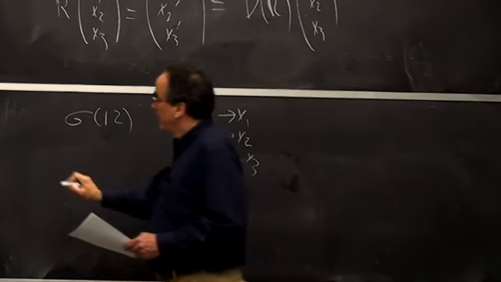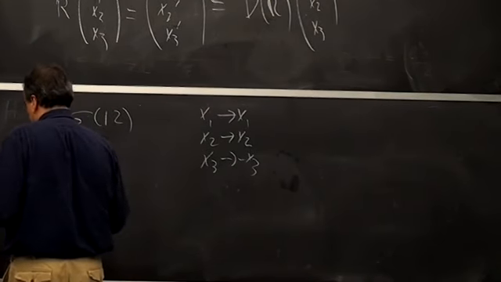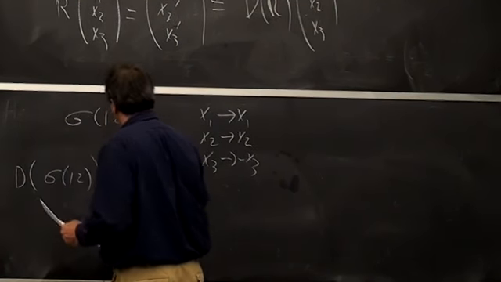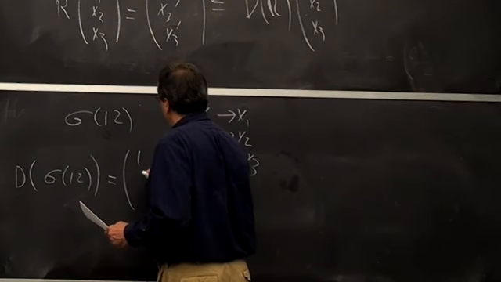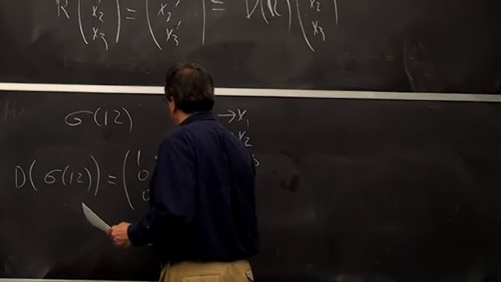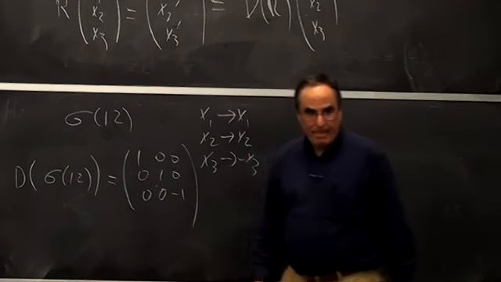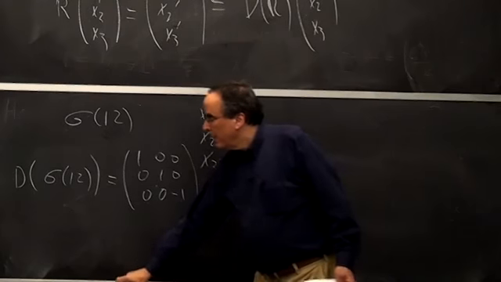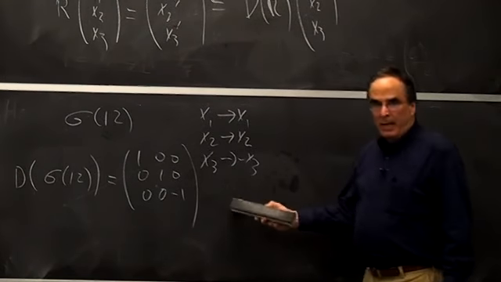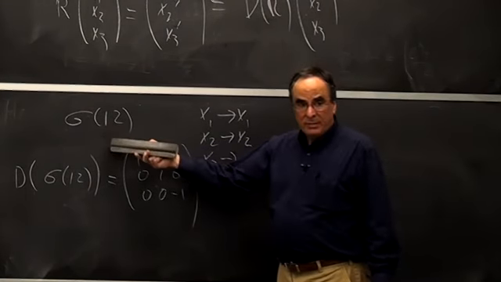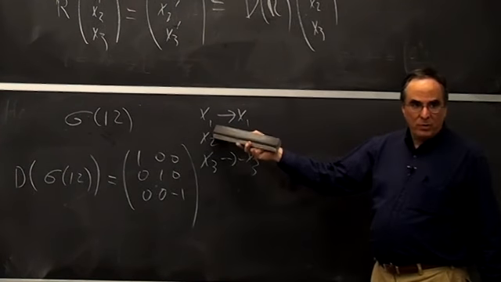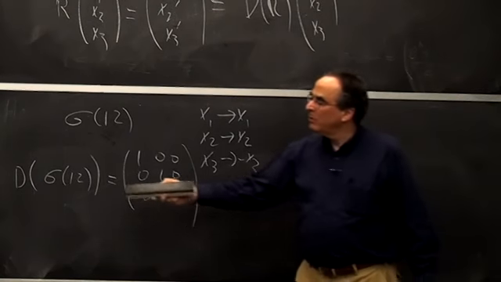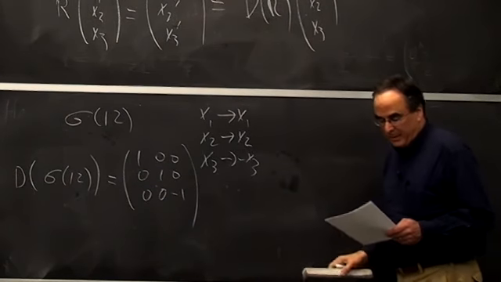So D of sigma 1, 2 is equal to 1, 0, 0, 0, 1, 0, 0, 0, minus 1. So simply by knowing what each of the symmetry operations does to coordinates, you can work out the matrices.